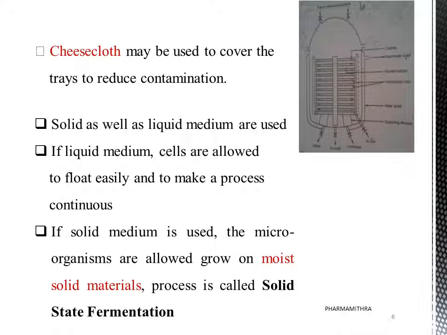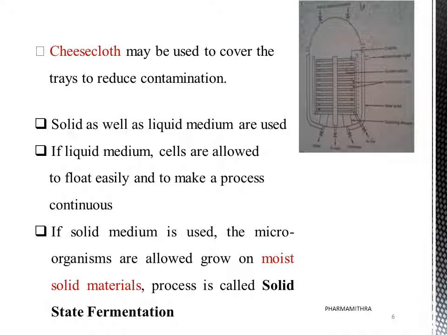This is the diagram of the tray fermenter. We can see the overflow channels here, along with the outlet and inlet, and the water jacket on the outside part of the fermenter. The nutrient medium is applied, and this rectangular piece is the fermentation tray. Around these fermentation trays you can see the water jacket, and supporting structures can also be seen.